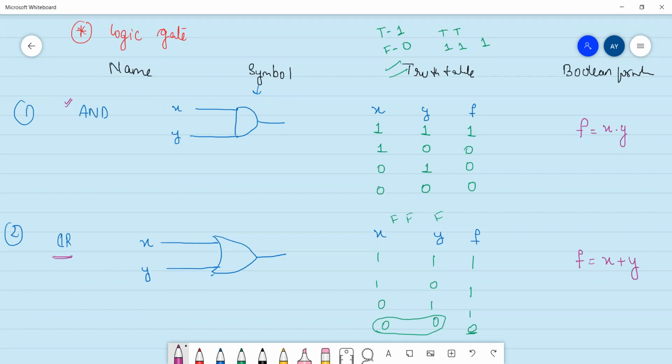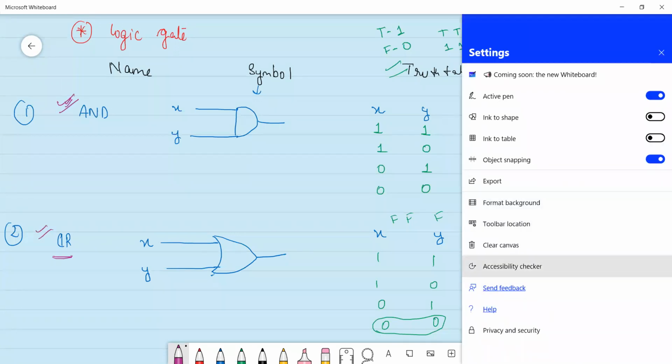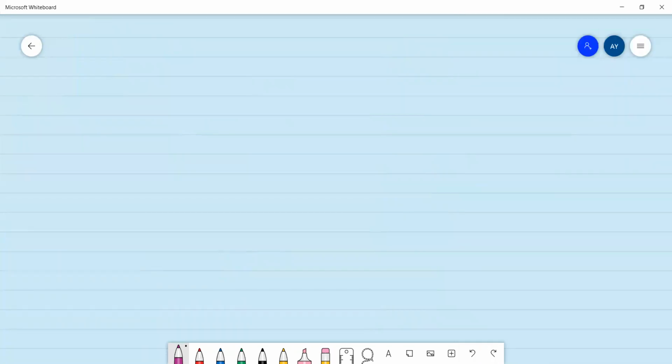Okay. Next, we will be moving on to NOT. We studied about AND. We studied about OR. Now we will be looking into NOT. So the third one is NOT. So how will you define this? You will be having X and then NOT, this is X dash, and this is a circle.